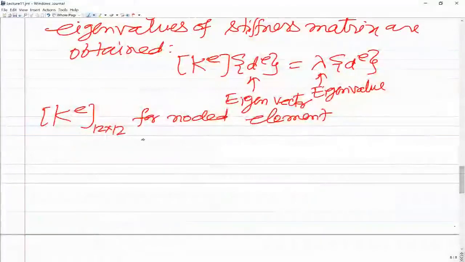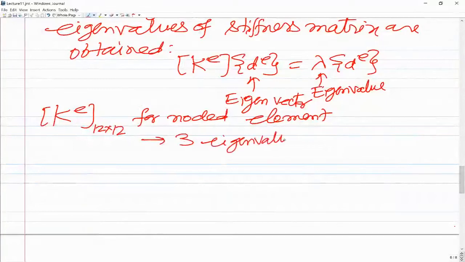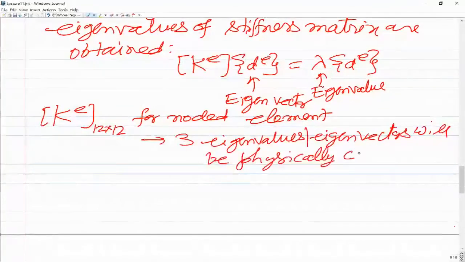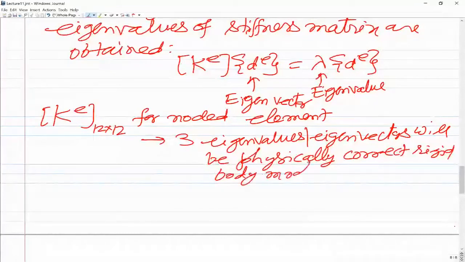Out of those 12 eigenvalues, 3 eigenvalues and eigenvectors will be physically correct rigid body modes, or these will have zero strain energy, so they are zero energy modes.